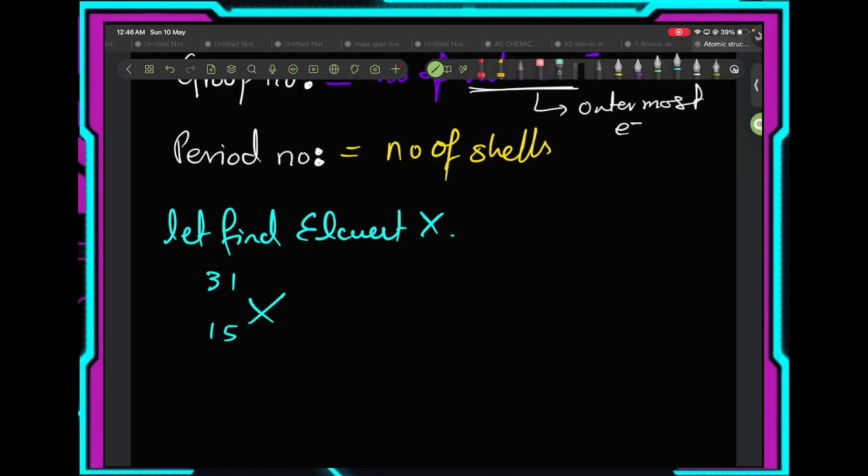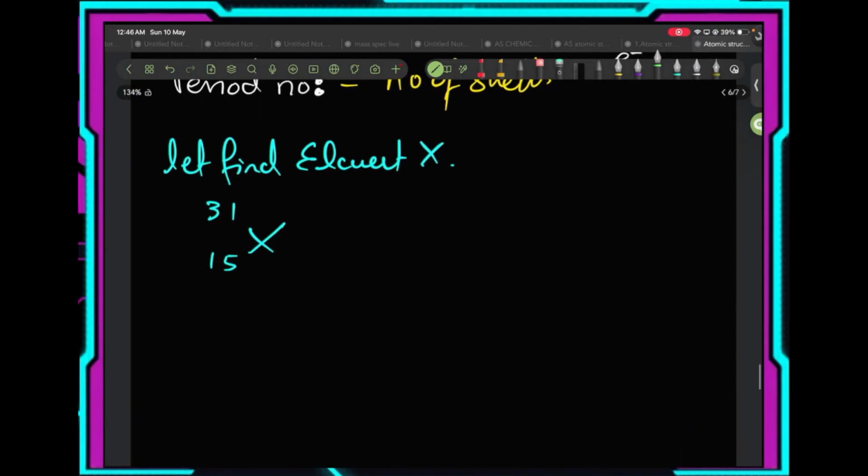Now let's locate X in the periodic table by just the electronic configuration. Do you remember the straight line electronic configuration we used to write in O levels? We used to write the electrons in K shell, then a comma, the electrons in L shell, then a comma, the electrons in the third shell, then a comma, and then the electrons in the fourth shell. This is known as the straight line electronic configuration.